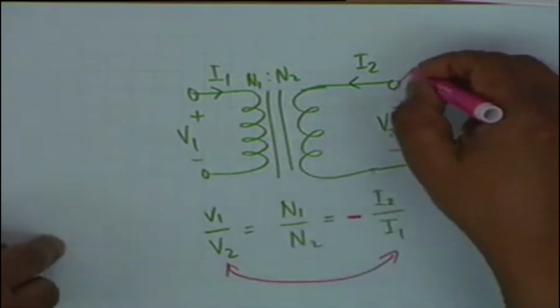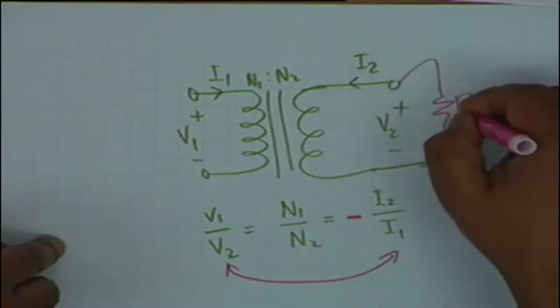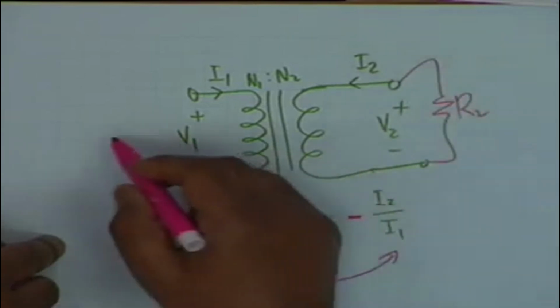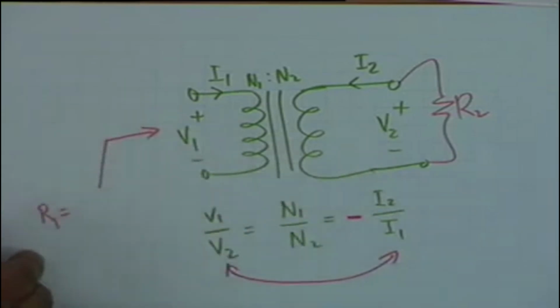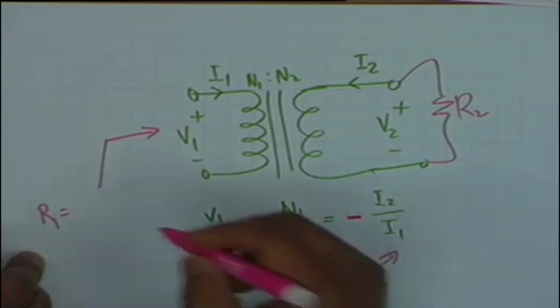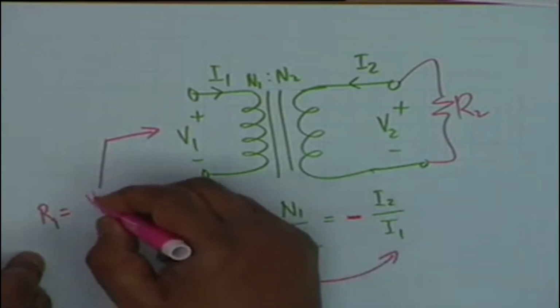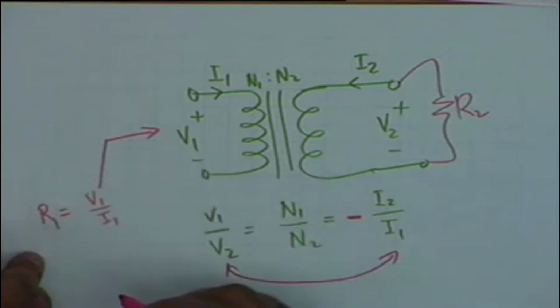Not only that, if you recall, if there is a resistance R2 connected here, then what is the effective resistance R1? It is simply V1 by I1, correct?